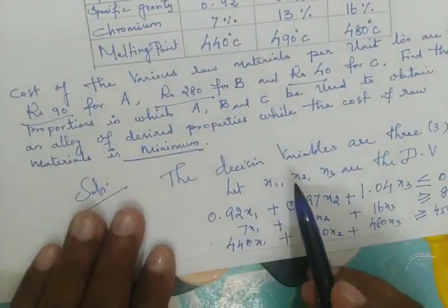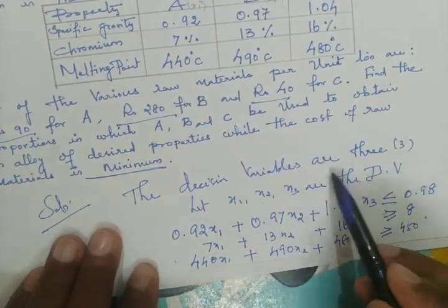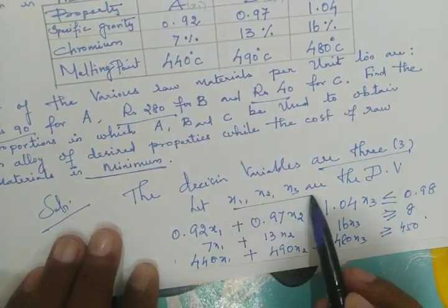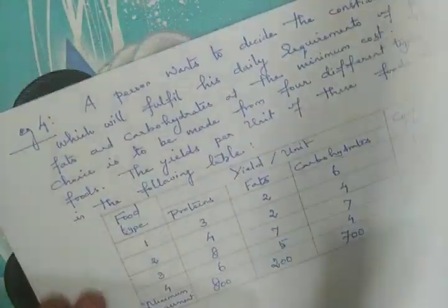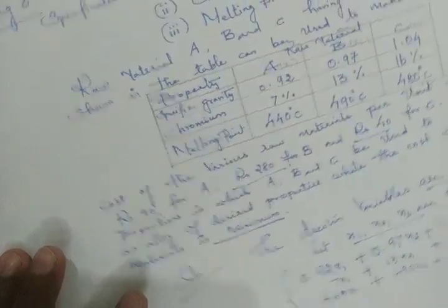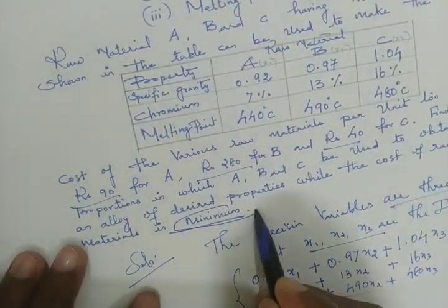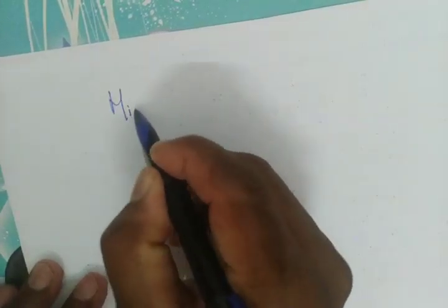So now you have found the decision variables, named them and framed the constraints. After framing this, you write the objective function of the given problem. In this problem the objective should be minimum. So you write minimum of z.